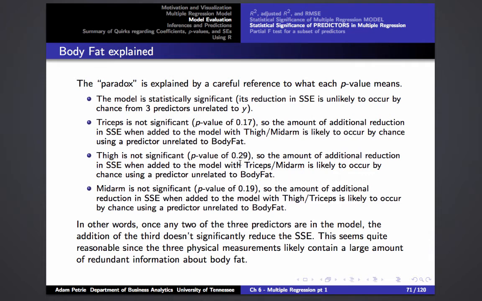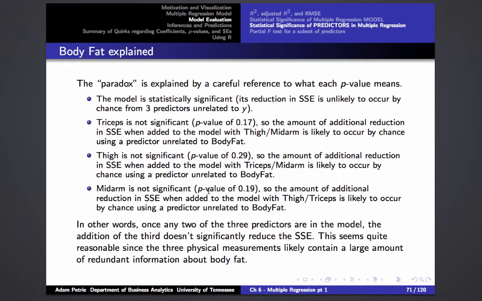So, in other words, what this is saying is that the information about body fat percentage contained in thigh is somewhat redundant with the information contained by triceps and mid-arm. If we know triceps and mid-arm, then the information about body fat is exhausted, essentially. The information that thigh adds is nothing new. It's been used up by triceps and mid-arm.